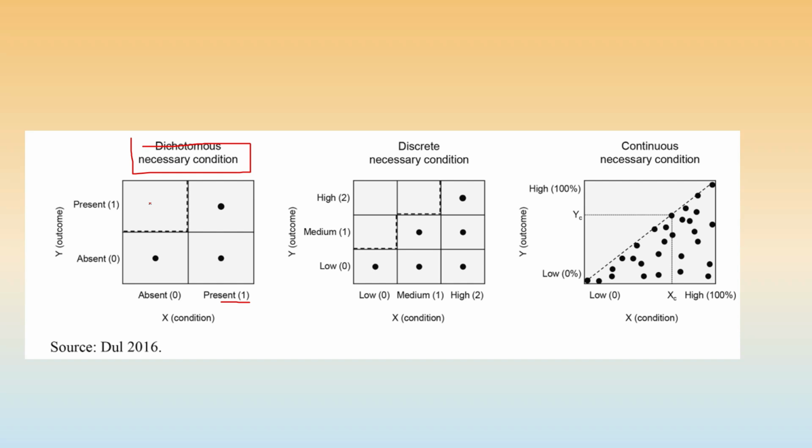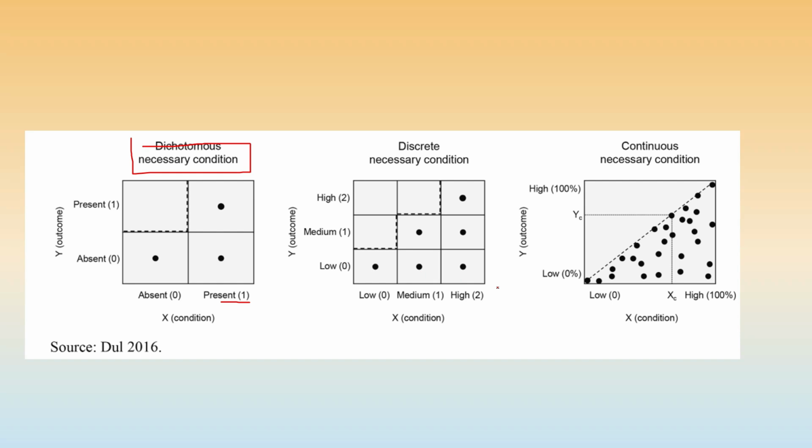However, they can also refer to a certain level of condition or a certain level of outcome. For example, instead of assuming that we have binary, we can have low, medium, or high level of X, and low, medium, and high level of Y, which is a discrete necessary condition. An example can be that political stability is necessary for foreign direct investment. So we can say that a certain level of political stability is necessary for a certain level of foreign direct investment.